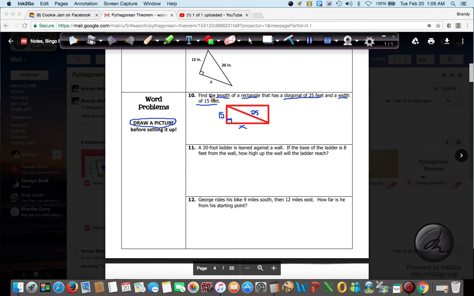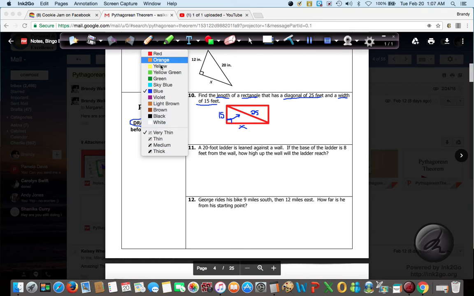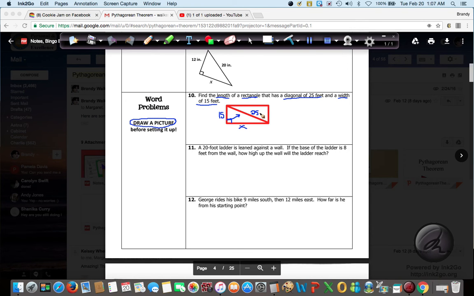All right, once we have this, now it's just like all the triangles we had above. You can draw your arrow, and we now know, and I'm going to change colors here, that 25 is side C. We can label our A and our B. Let's make A 15, and X is going to be our B. So we have A squared plus B squared equals C squared.